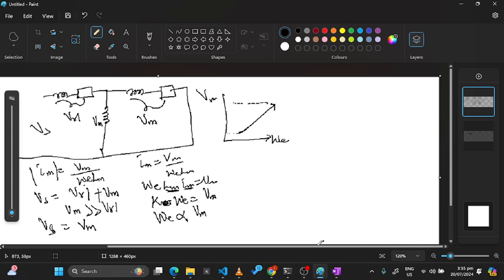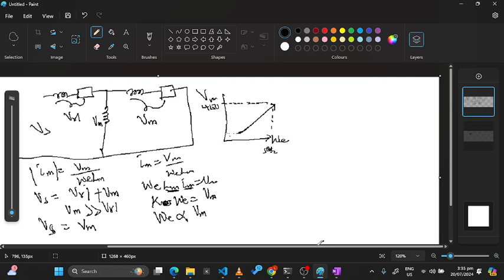So if for our case this is 15 volts, maybe we are going to have maybe 50 hertz over here. Is that okay? So this is where the high value starts from.